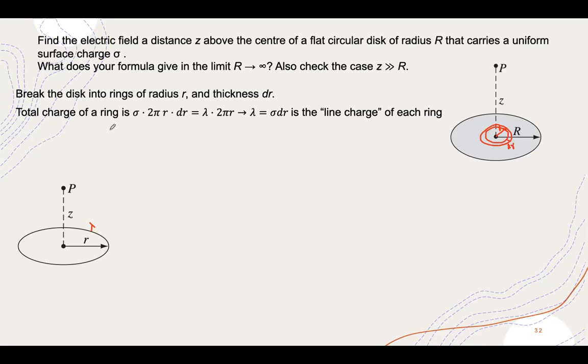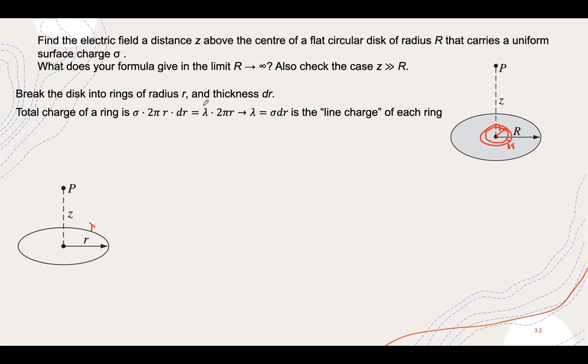The total charge is then defined as sigma times 2 pi r times dr, which we can write as lambda times 2 pi r. So lambda should be substituted in the expression of the ring as sigma times dr, which is very easy to recognize from here.